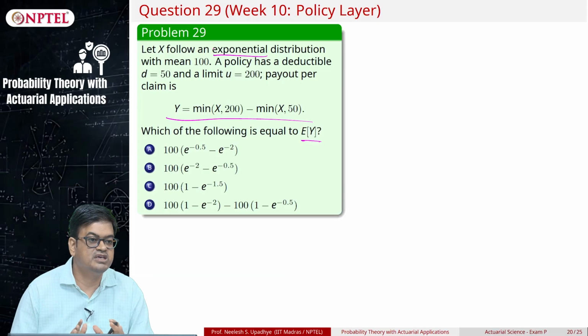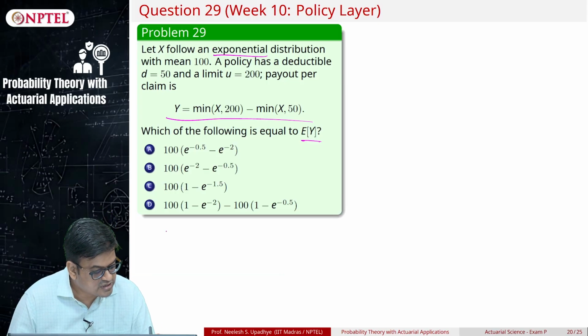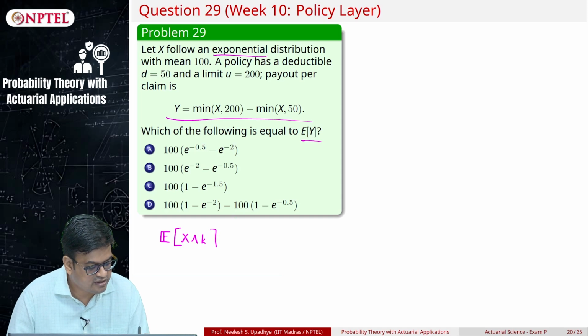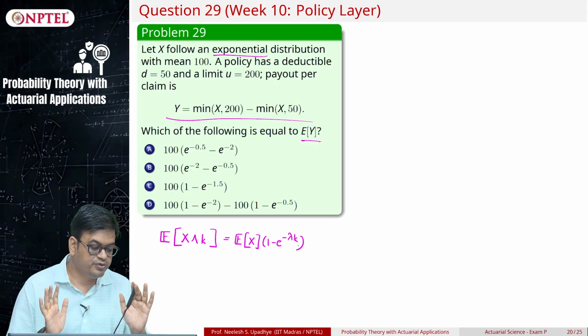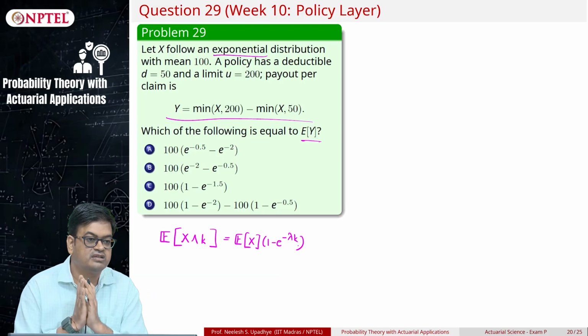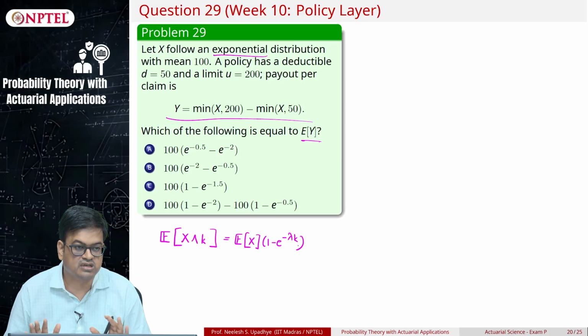So, we have some easy way outs for exponential distribution, and the expected value of the minimum of X and k is equal to expected value of X into 1 minus e raised to minus lambda k. Okay. So, if you know this trick, then the computation is just a cakewalk.